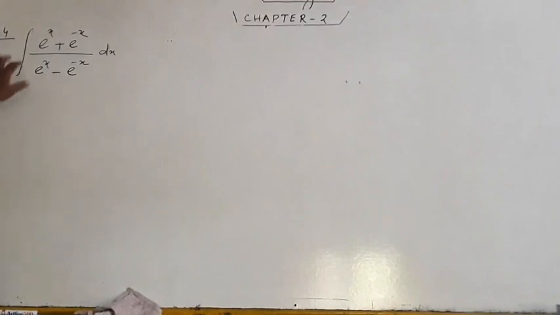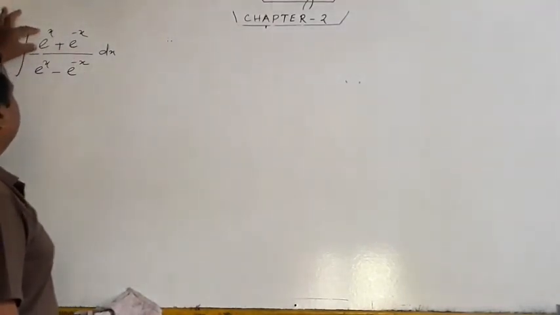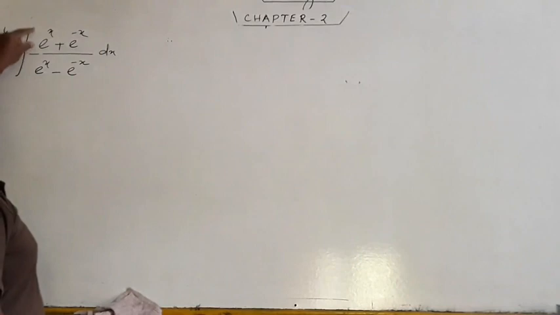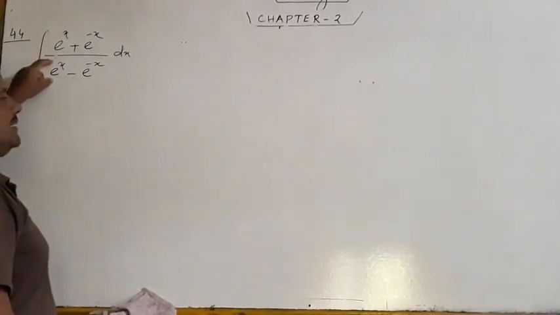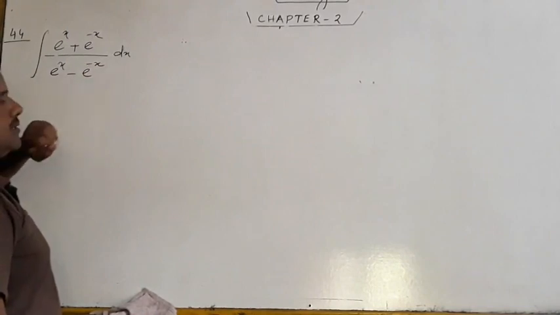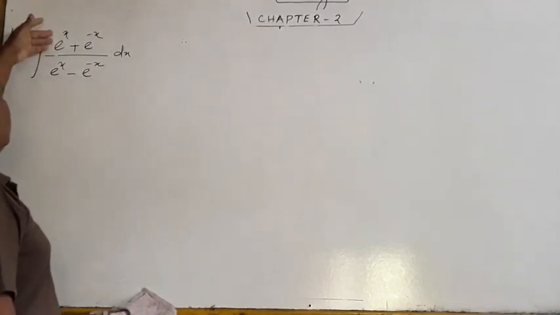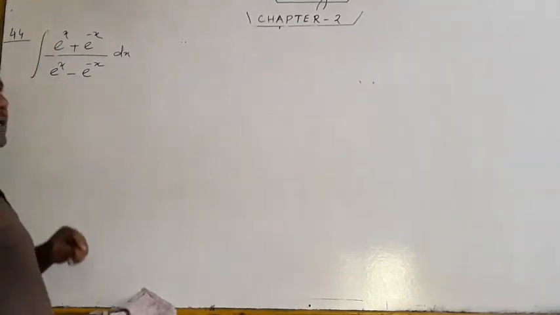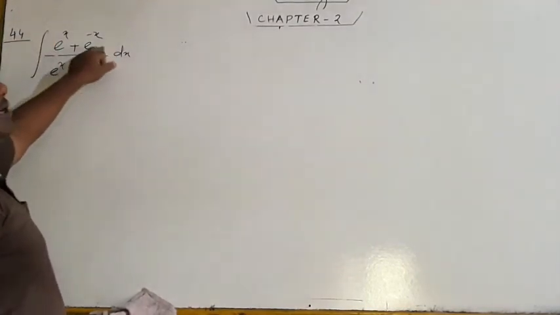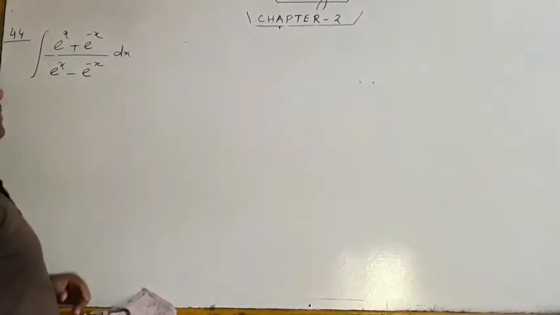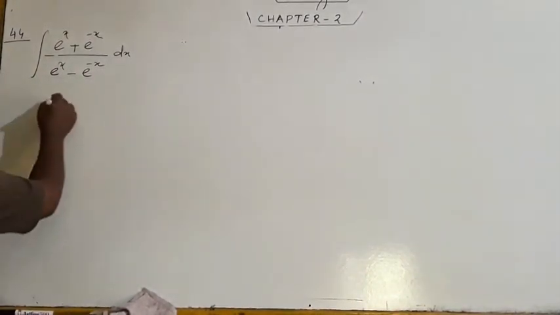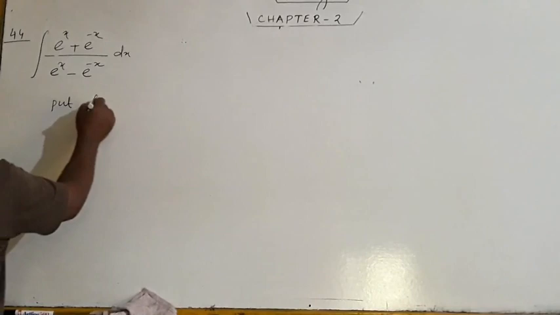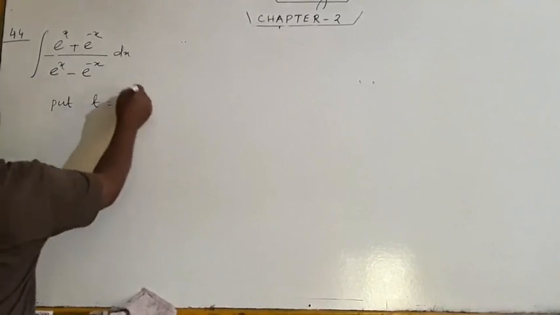Mind it. If you put t in the numerator, where t is e^x plus e^(-x), then dt is e^x minus e^(-x). That means the derivative of the top is at the bottom, and the derivative of the bottom is at the top, but dx is multiplied with the numerator. So you have to put t as the denominator. Why?